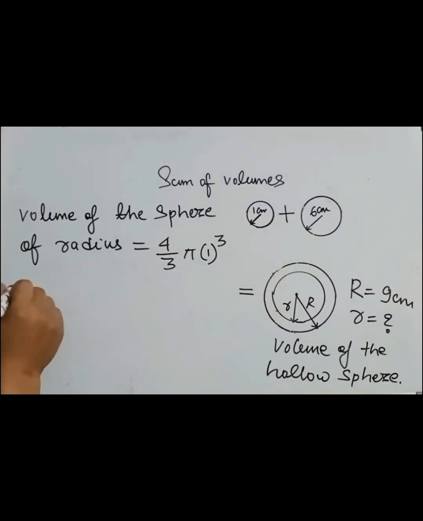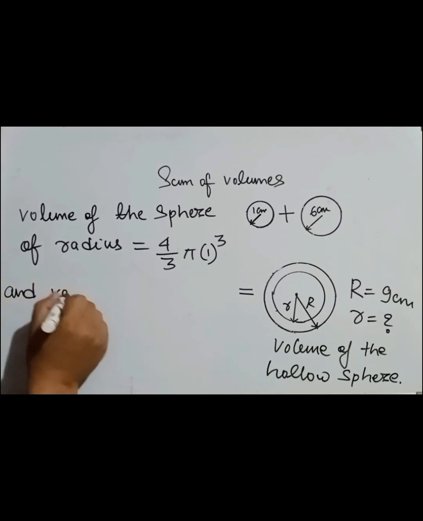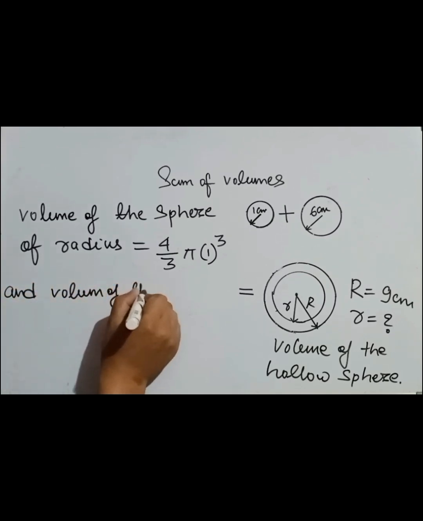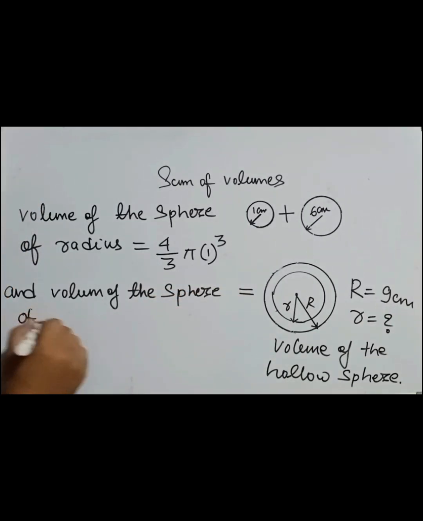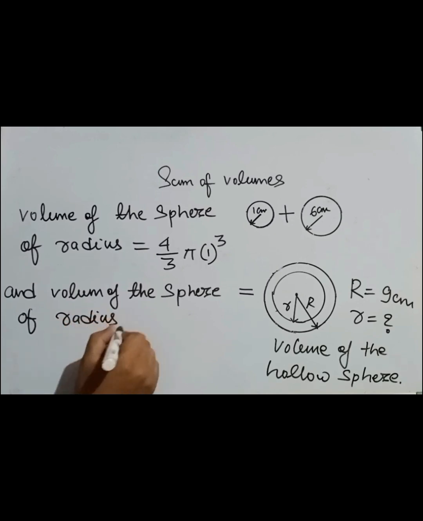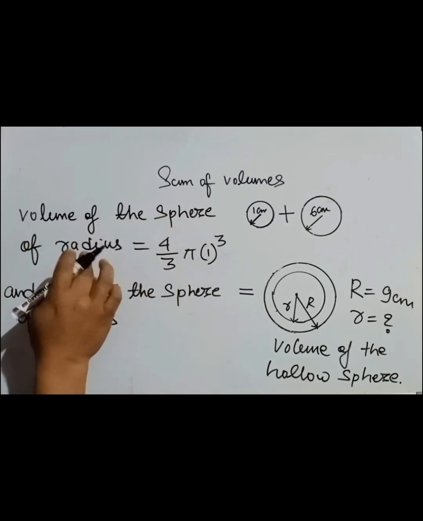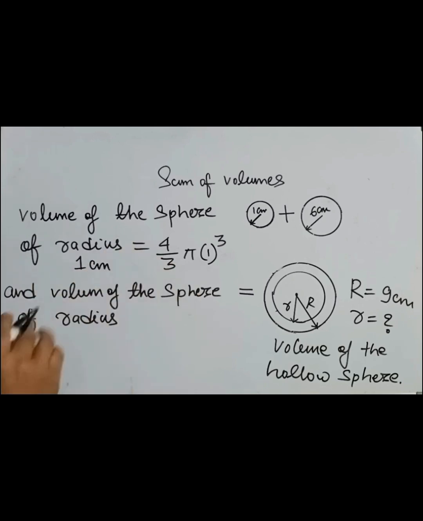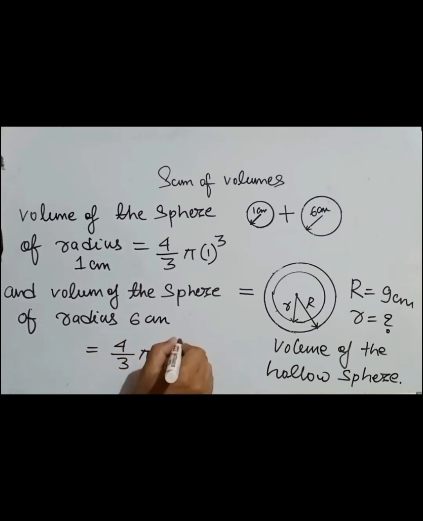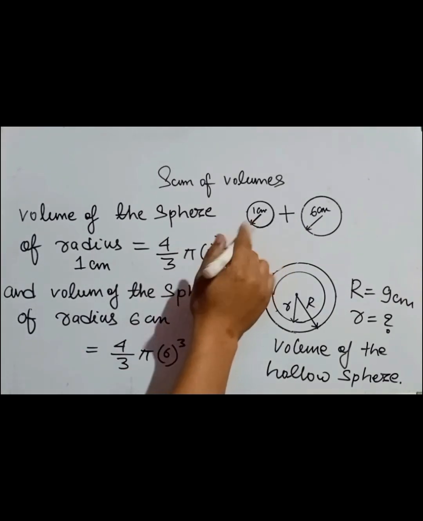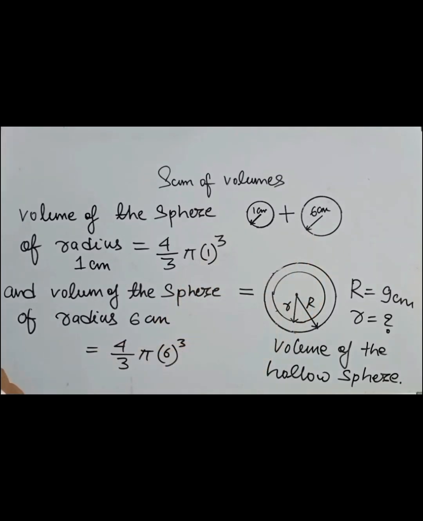The radius of the smaller sphere is 1 centimeter, so its volume is 4 upon 3 pi into 1 cube. And the volume of the sphere of radius 6 centimeter is 4 upon 3 pi into 6 cube. So we have got the volumes of these two given solid spheres.